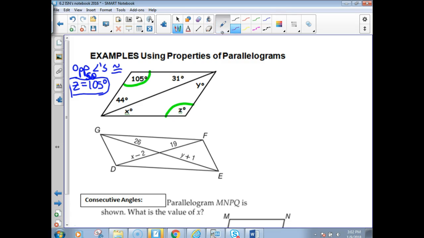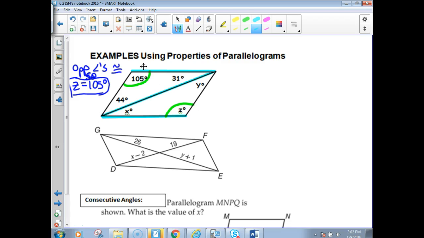Now I'm going to do something else to figure out the others. I'm going to remind you of something. These two lines are parallel. And remember, what's this thing called if you draw a line through two parallel sides? Do you remember, the word starts with a T?